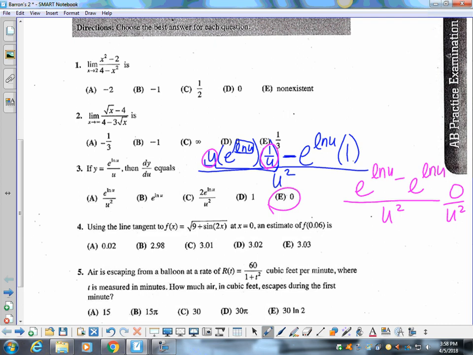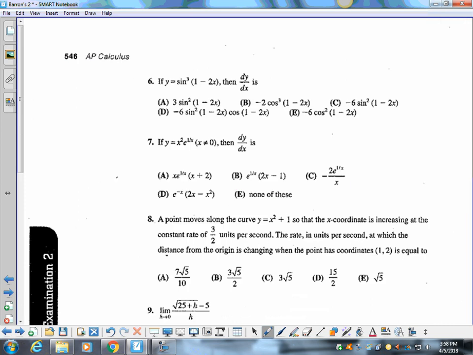Okay, now we're going to go to number 6. Okay, number 6 is a sine cubed, and it has some stuff in its of. So this is a full-on turducken.